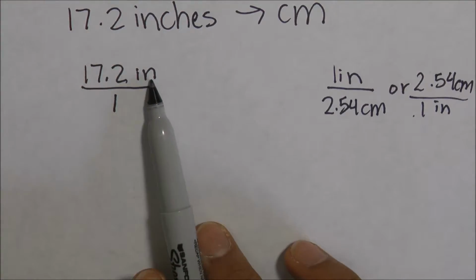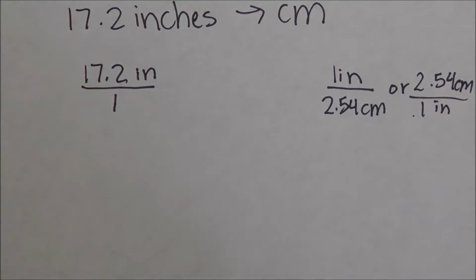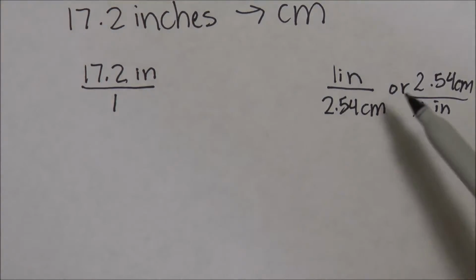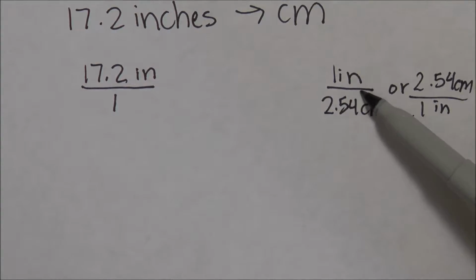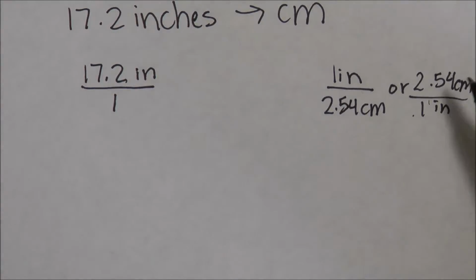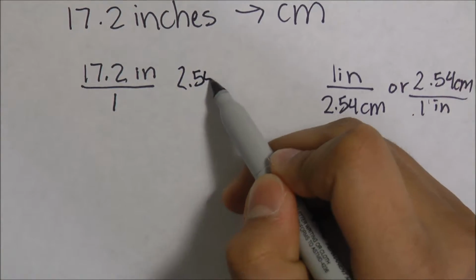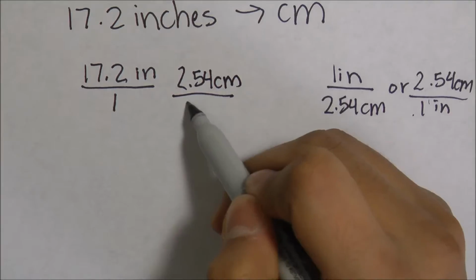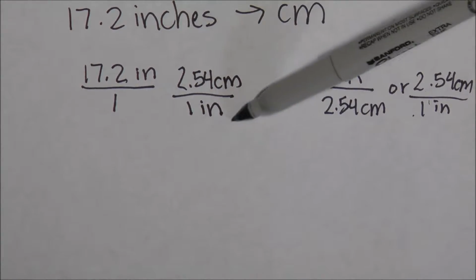So, you see how there's inches up top. You want to change that to centimeters. The only way you could change inches to centimeters is if you cancel out inches and have centimeters. So, which one will get rid of inches and replace it with centimeters? This one or this one? You would use this one because if you write this out, see how inches is up top and bottom?